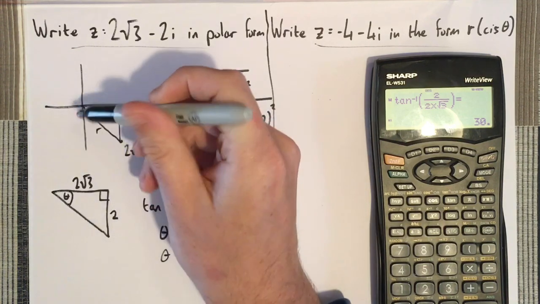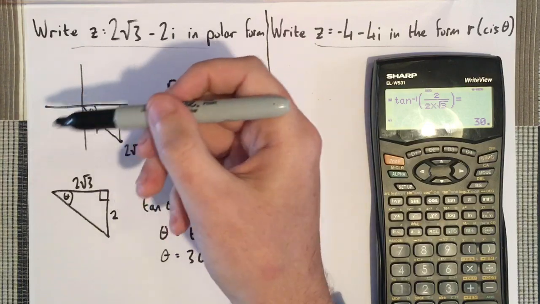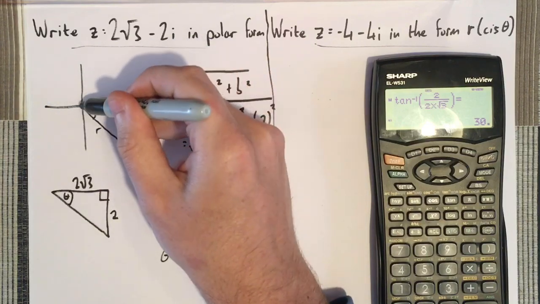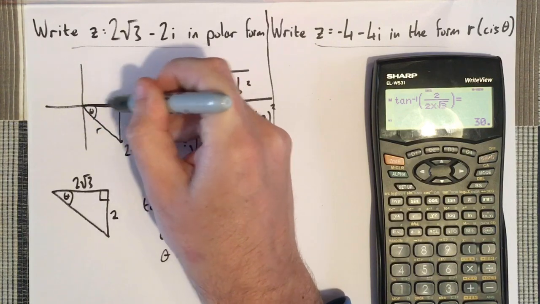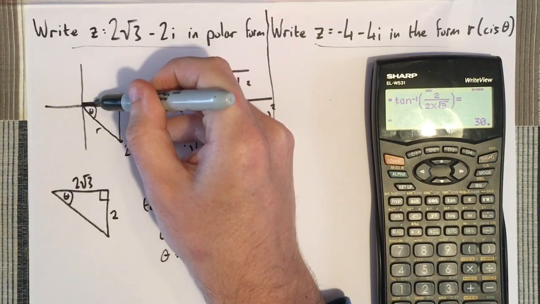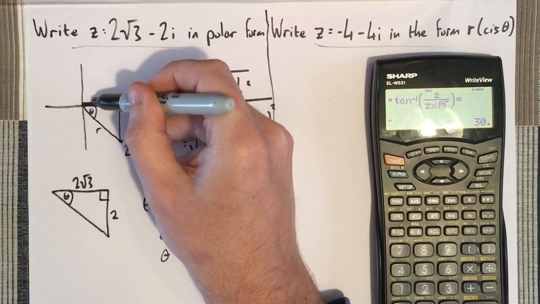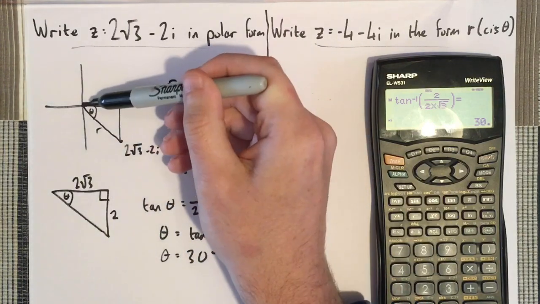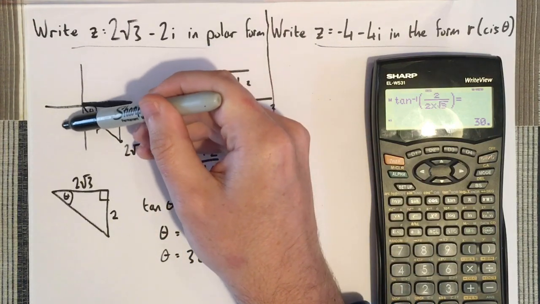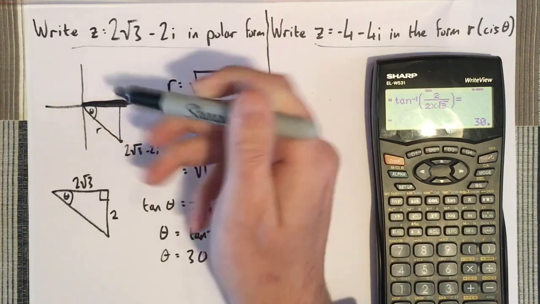Now, we always measure this angle, what's called the argument of the complex number, from here. So from this line. In the previous examples I did, it was between 0 and 180. You might be tempted here to say it is maybe 330 degrees, but we always measure it from here.